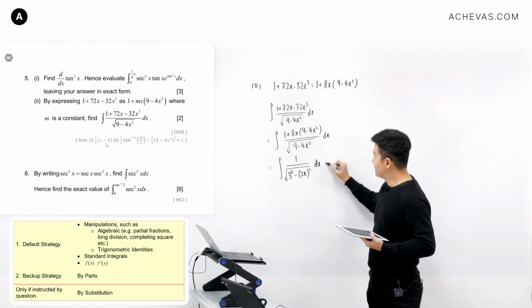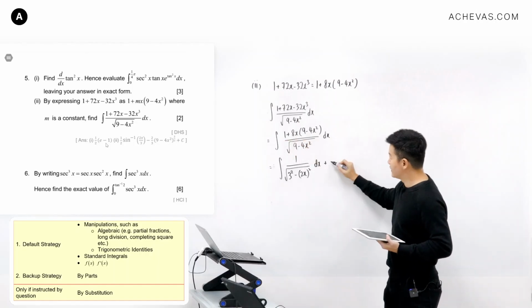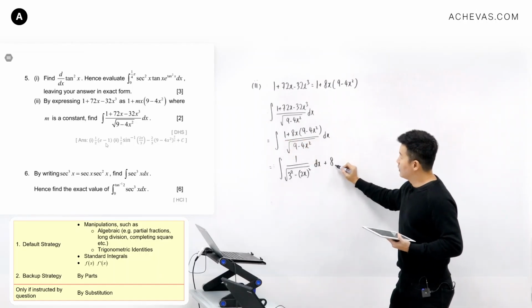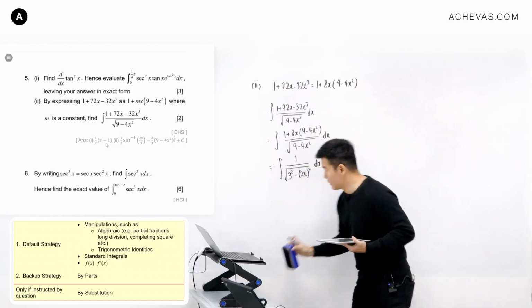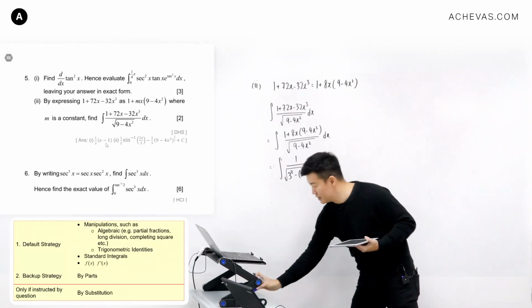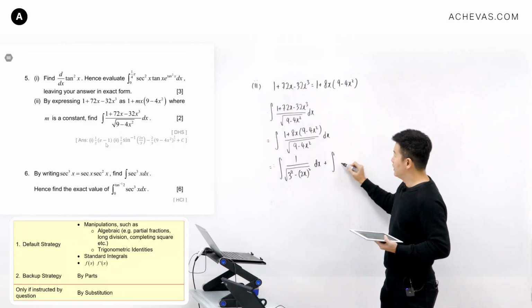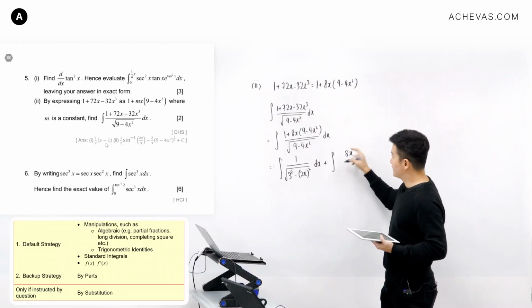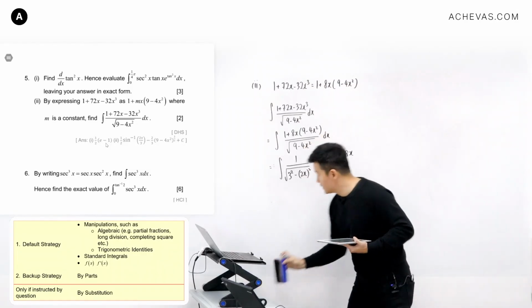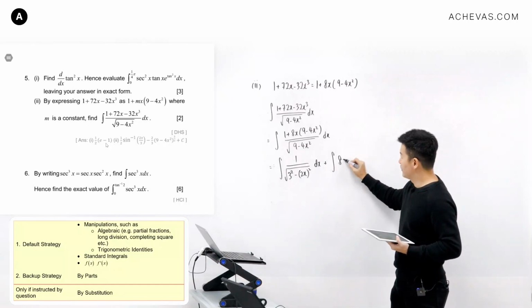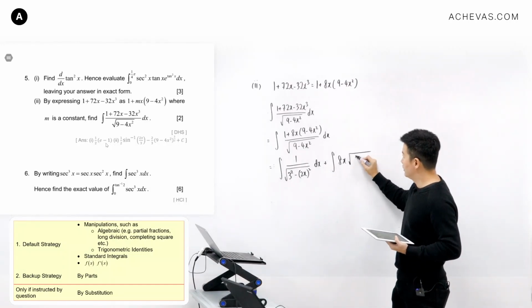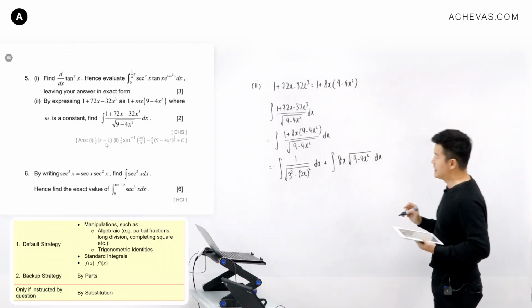Then the 8x, I think it is a good idea to leave it inside, so let me just leave it inside first. It will be 8x, this divided by this, which is the square root of 9 minus 4x squared. So we have 8x over the square root of 9 minus 4x squared dx.